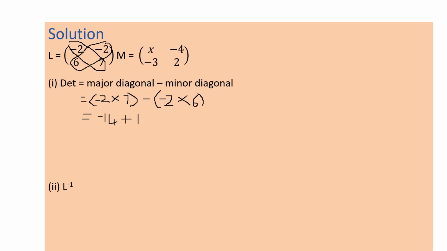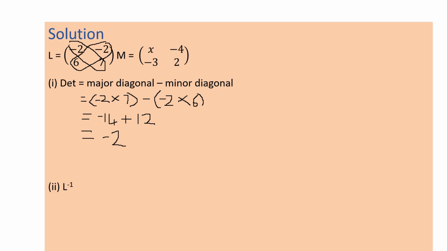So we have +12. Then when you do the math, you have -14 plus 12, you get -2 as our determinant.